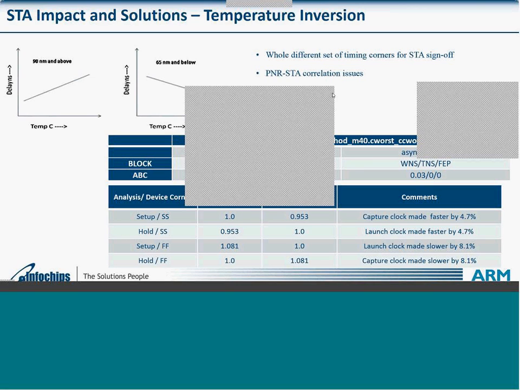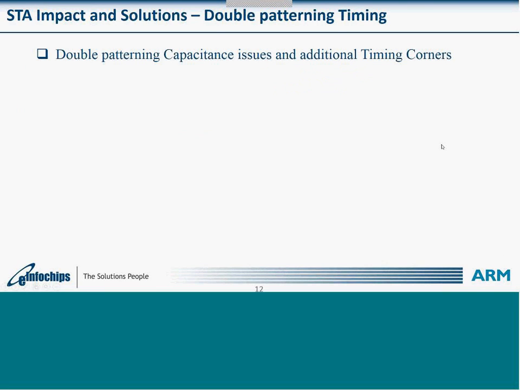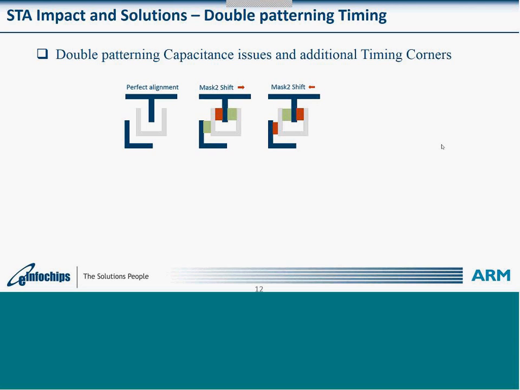We'll explain double patterning timing related issues where we have to have some additional timing corners. Here double patterning capacitance issues are more prominent now. In the same metal, there are two different masks, and these masks are manufactured separately.